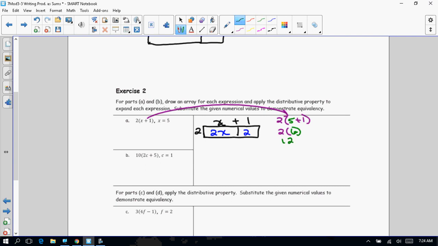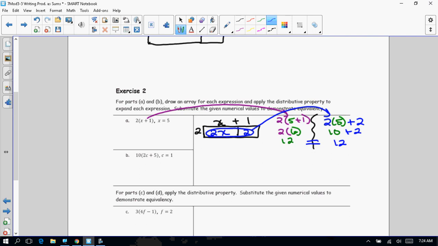Or I can do this blue one here that I have inside. I'm going to take that one and do it over here. So 2 times 5 plus 2, right? I'm just going to take what I have inside, and I'm going to end up with 10 plus 2, and 10 plus 2 is 12. Sure enough, these are equal to each other, right? They're equivalent. Yay, we must have done it right.